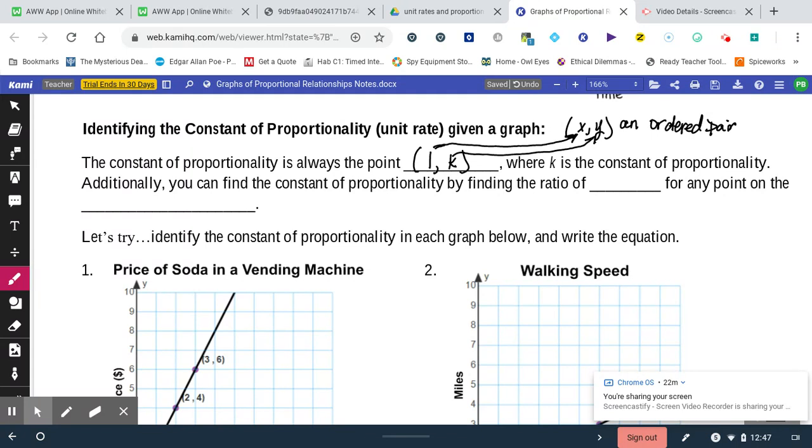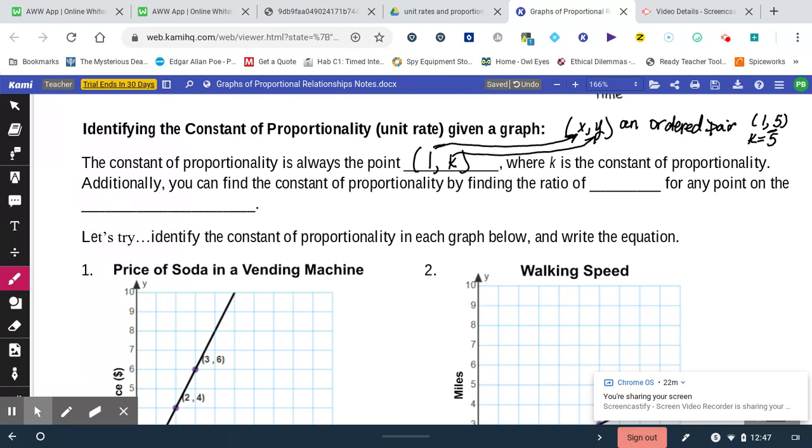Let me just give you an example. If you had an ordered pair, maybe 1, 5, you got an x value of 1, your y value is your constant of proportionality. So here the constant of proportionality would be 5.